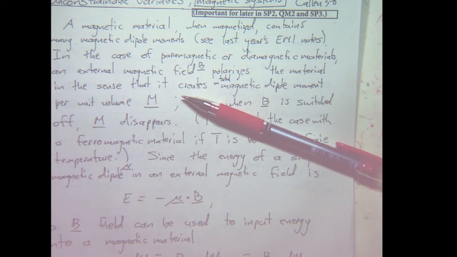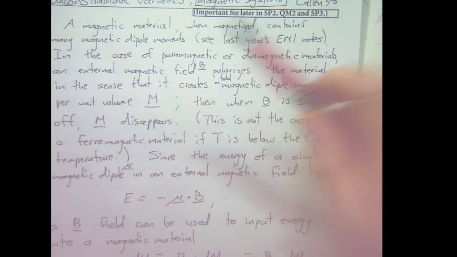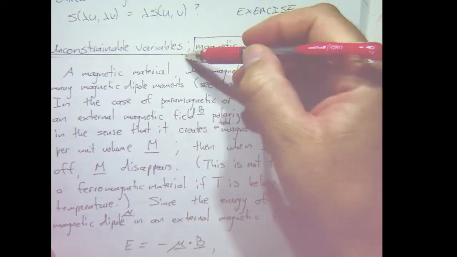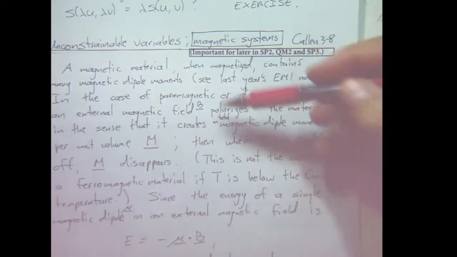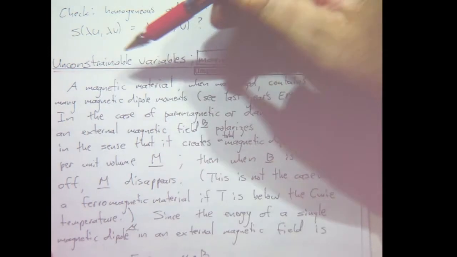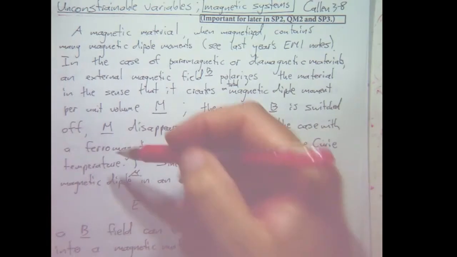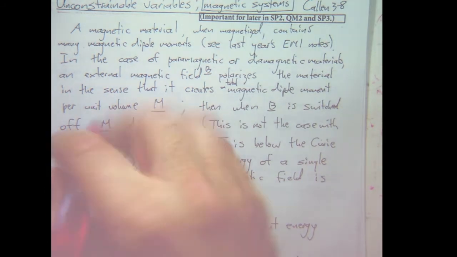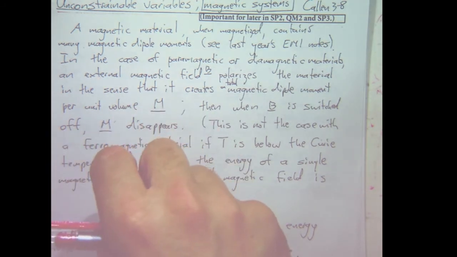Can it be done continuously, like a continuous transformation? Yeah, the magnetic field, this is completely different. The point is, the magnetization is an unconstrainable variable. So there are thermodynamic systems, and magnetic systems are a prime example, where you have no mechanical control over the magnetization. And yet it appears in the equations.